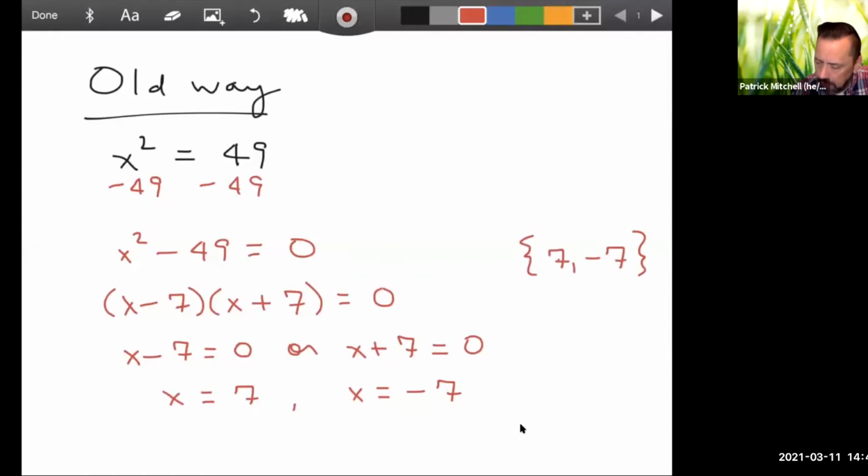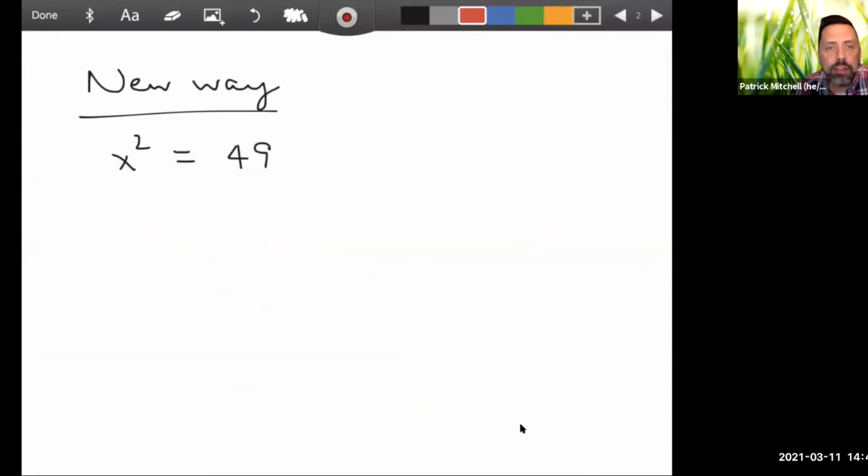All right, so now I think this new way is quite a bit simpler. So the idea is you look at this equation, x squared equals 49. Think of that like this: I'm thinking of a mystery number that when I square that number, I get 49. Now, the only disadvantage of doing it this way is everybody's going to get the 7, but some people are going to forget the negative 7.